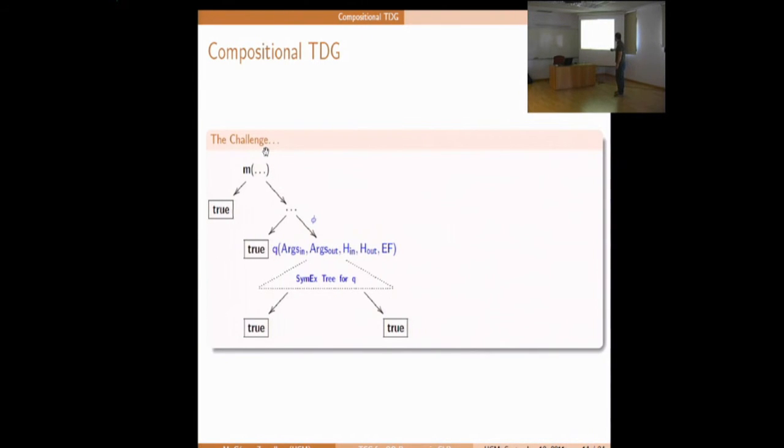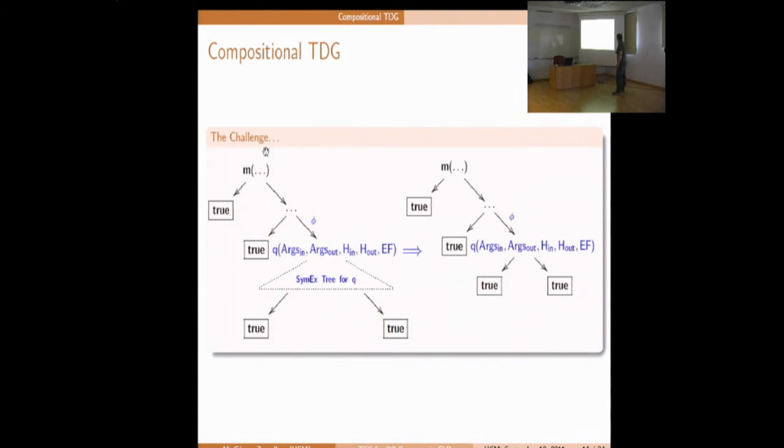So basically, I'm doing the symbolic execution of some method M, and then here I arrive at a point where I call a method Q with whatever arguments. Normally what you do is that you just call it, and then the symbolic execution tree of Q will be generated for the particular constraints that I have at this point.